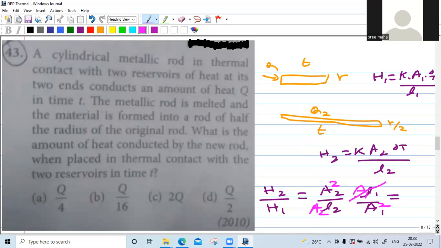A1 L1 and A2 L2 will cancel. So the ratio is the radii R2 by R1 raised to the power 4. And R2 has decreased, so it's 1 by 2 raised to the power 4. It's 1 by 16.